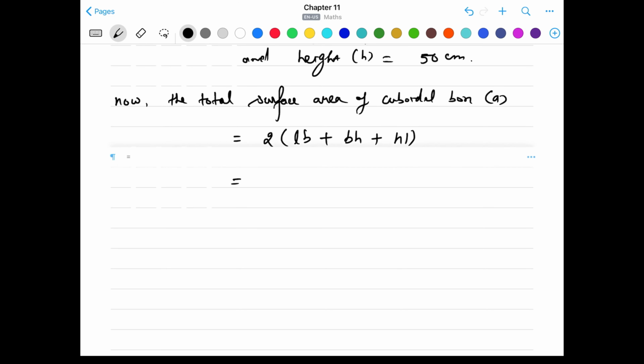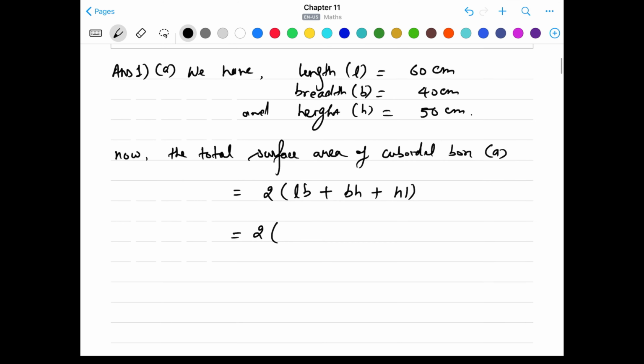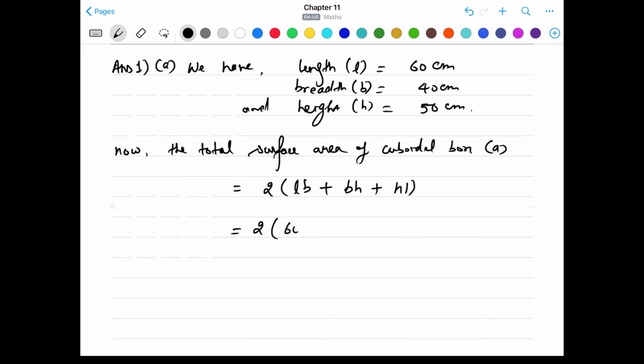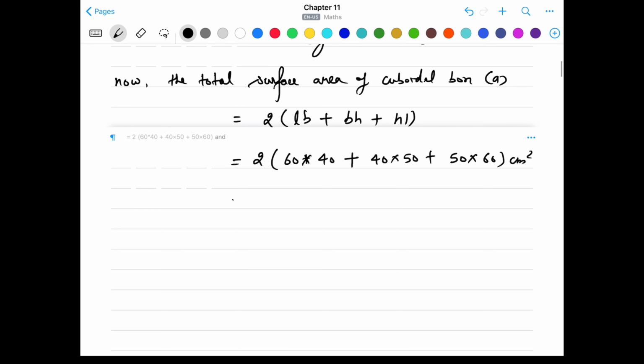Now let's insert the values in the formula. L here is 60 into B is 40, plus B into H means 40 into 50, plus H into L means 50 into 60, then we write the common unit, which is centimeter square.